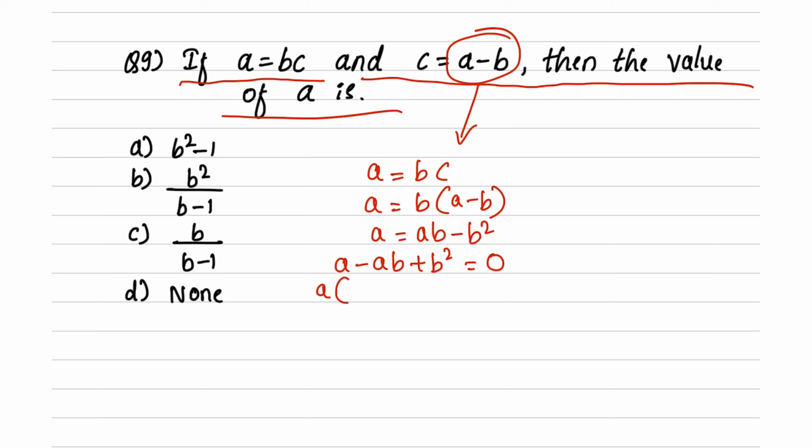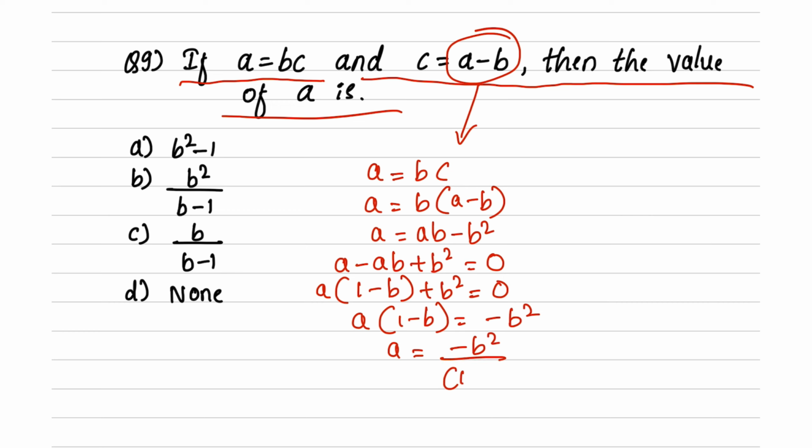So if I take A common, A into 1 minus B, plus B square equal to 0. Take B square that side, and finally A will be minus B square by 1 minus B. So it is negative. To make it positive, I will write like this: B square by B minus 1. So here option B is the right answer.